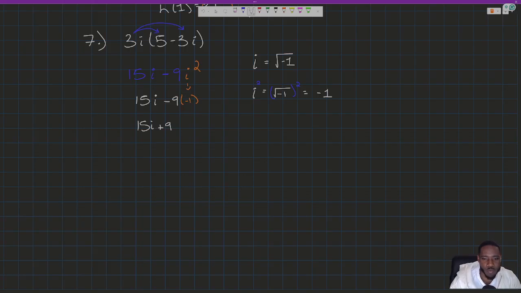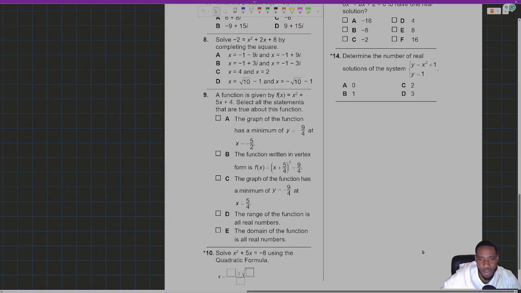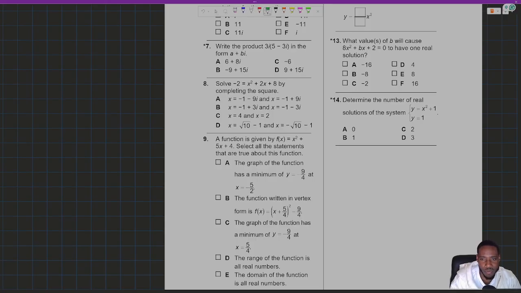Now, because they want us to write that in the notation for a complex number, a plus bi, we're just going to flip around that 9 and that 15i, and now it's going to say 9 plus 15i. And so that should reflect our answer, which it absolutely does. Our answer is D.